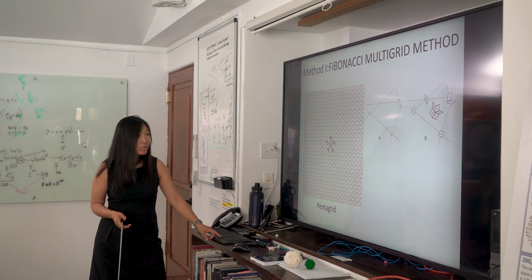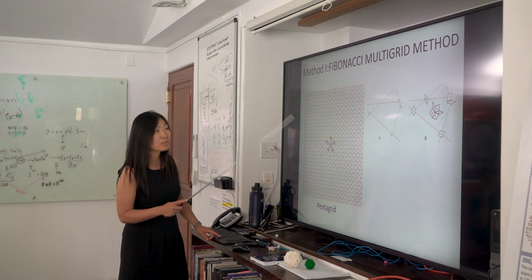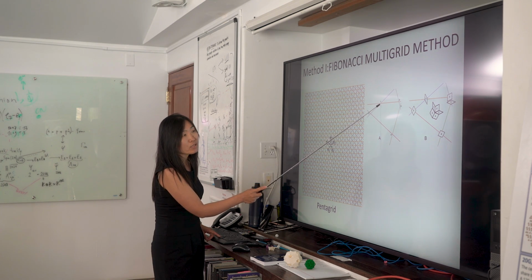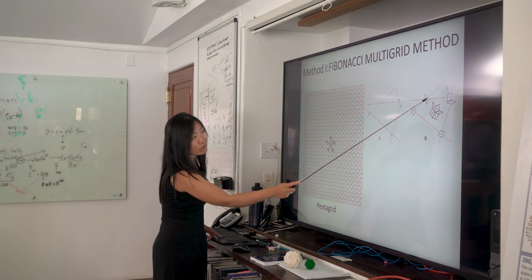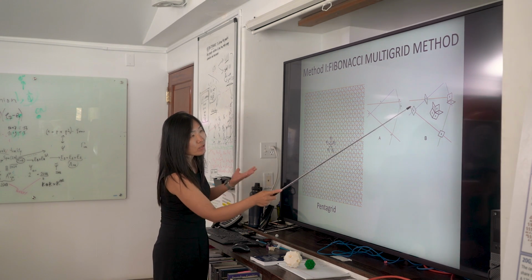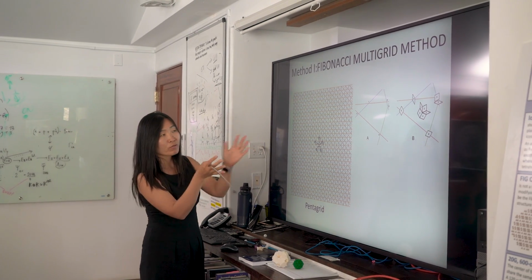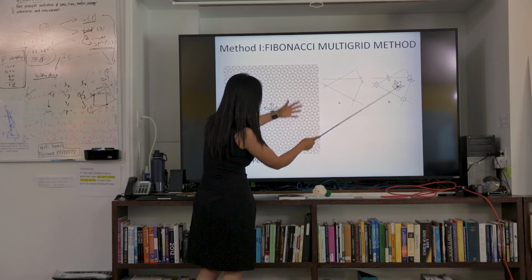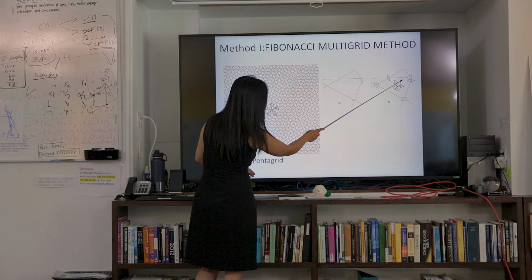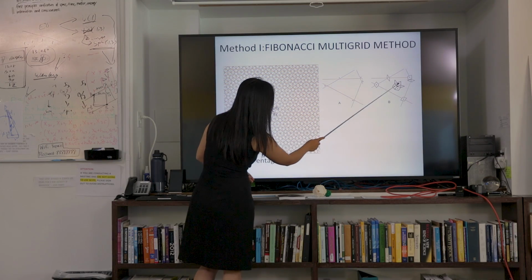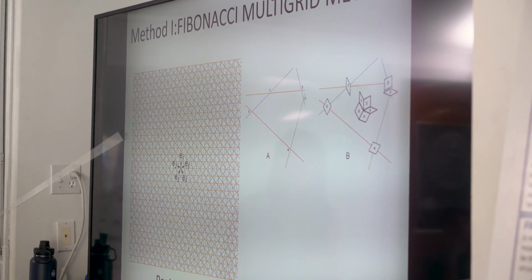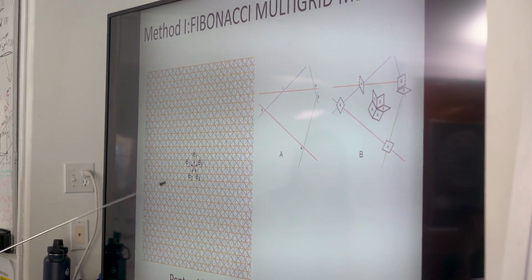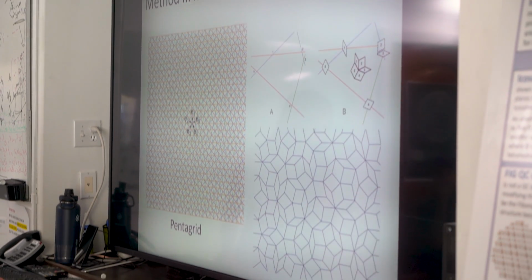But if you take a dual of this grid space, meaning at each intersection you build a tile, these are perpendicular, this is perpendicular, and you shift the tile a little bit, then these 5 tiles become something like this tile in the space. Eventually, if you do this for all the intersections in the pentagrid, you get the Penrose tiling.